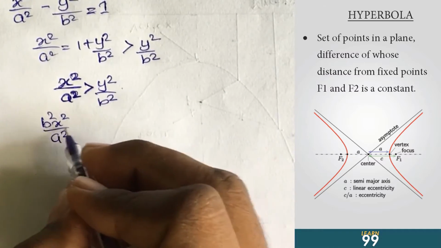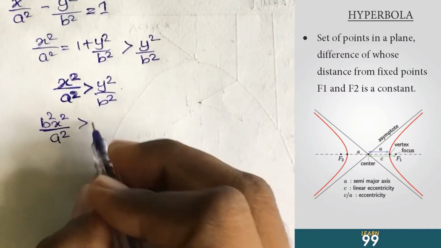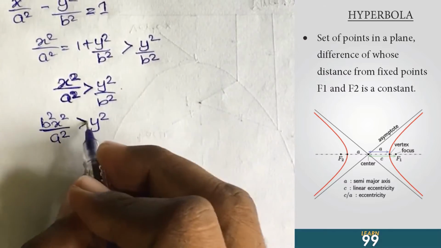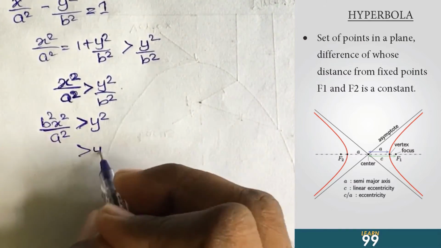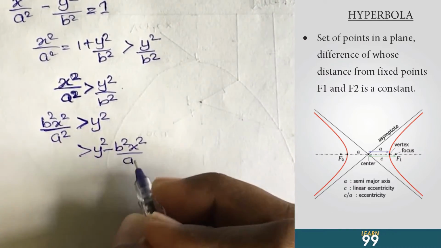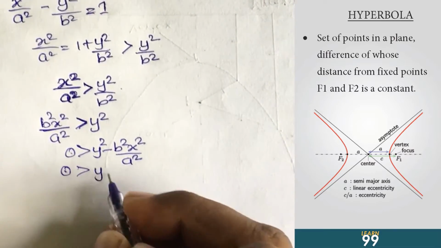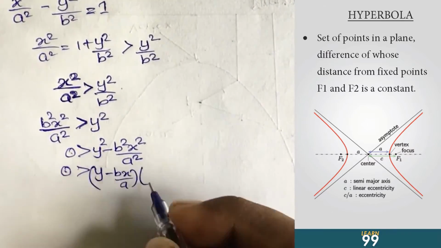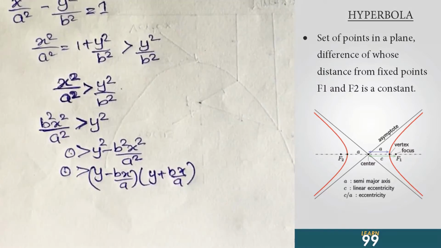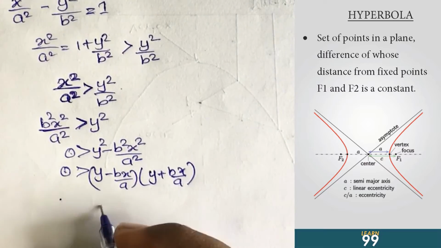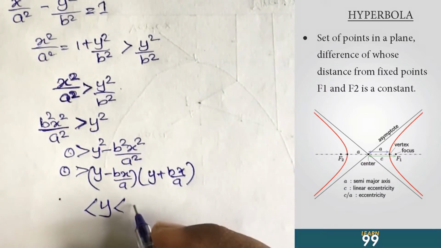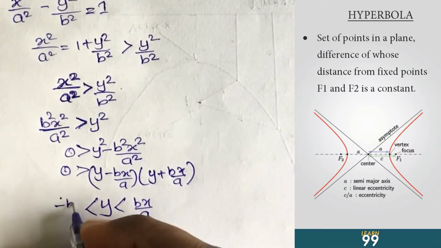We can simplify this equation as we did above. So finally we will get an inequality that our y value is always between minus bx over a and bx over a.